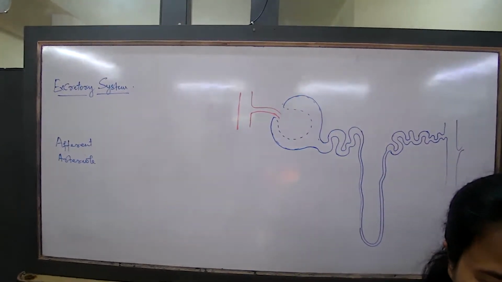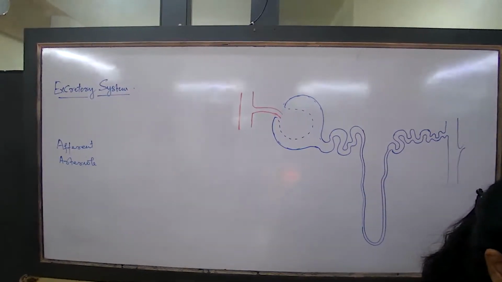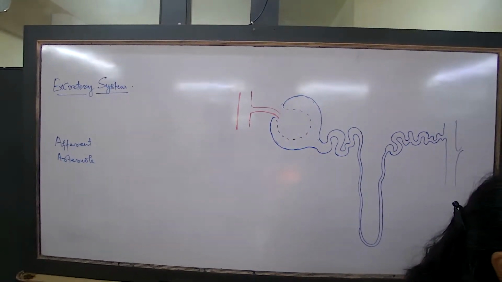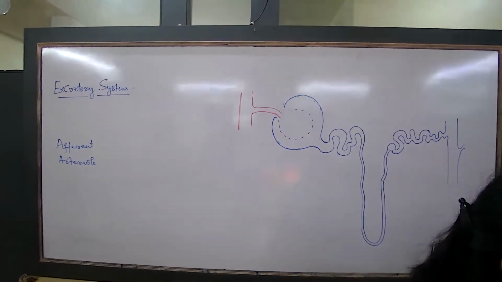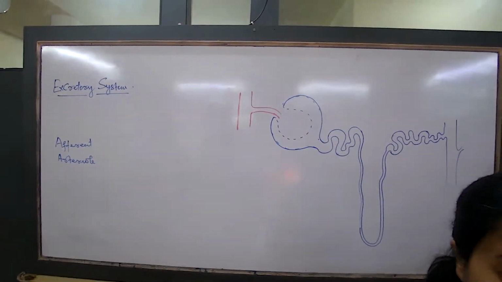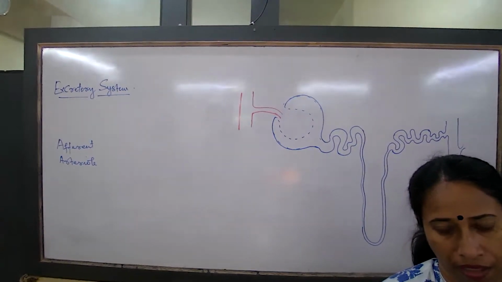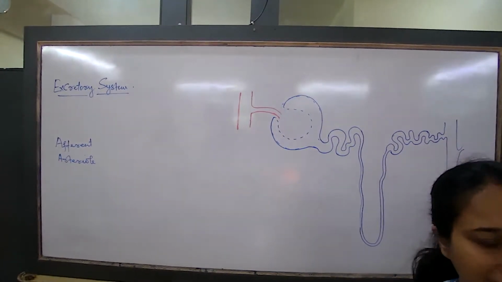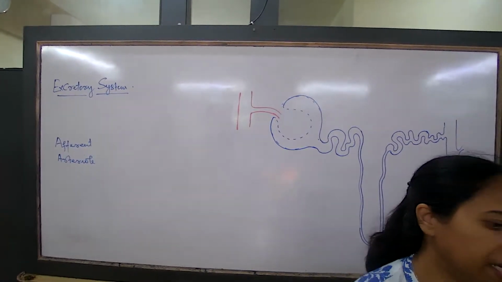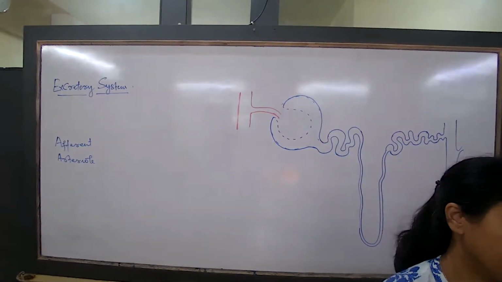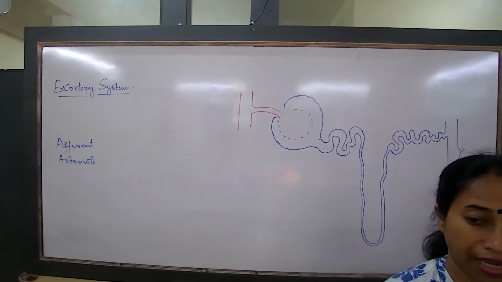Number 3, renal artery: branch of aorta. Branch, B-R-A-N-C-H. Renal artery, branch of aorta. Who asked for the aorta spelling?